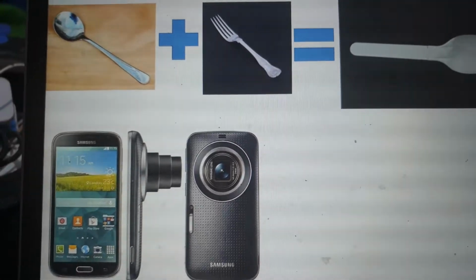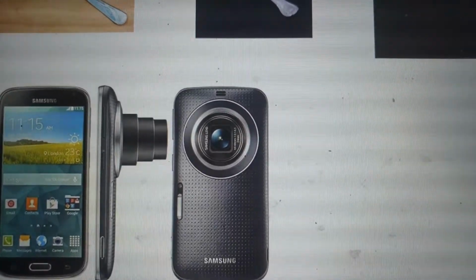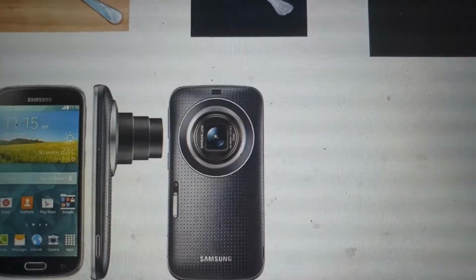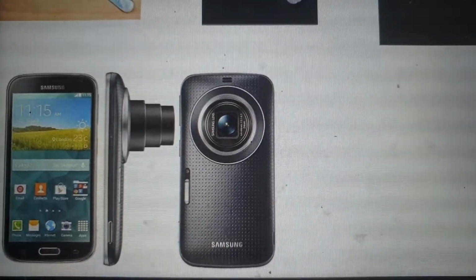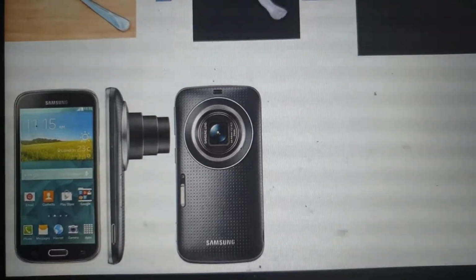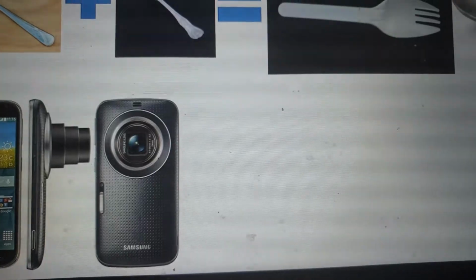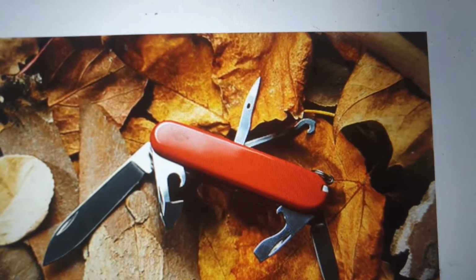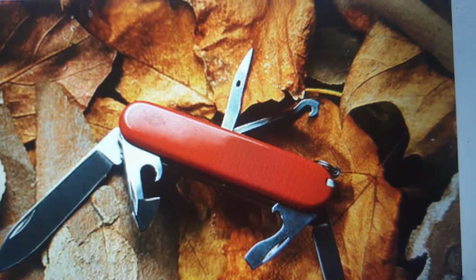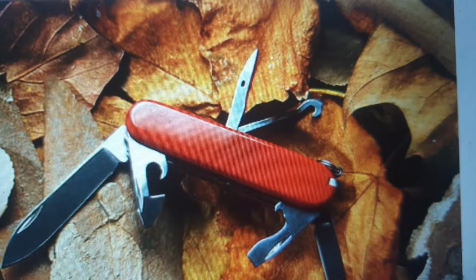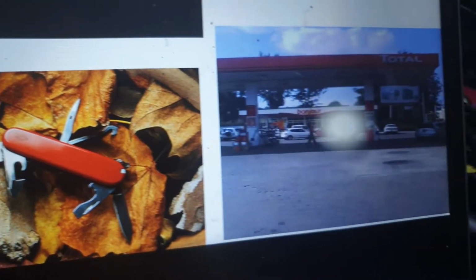Look at that. A camera and a phone, they have been combined. So in our mobile phones, we have both camera and phone, and quite a number of other things too. Music is there. Look at that. Combined knives, openers, etc. Look at that.